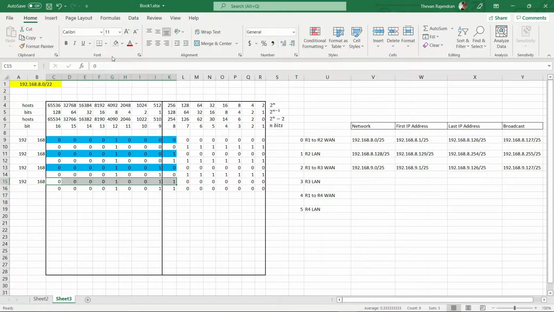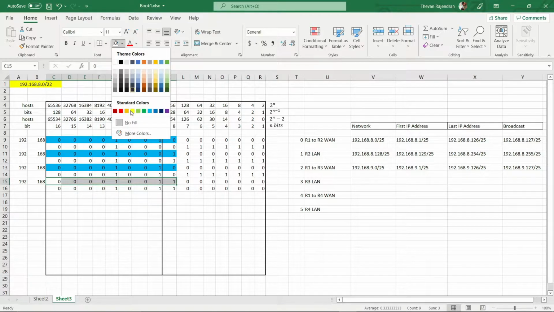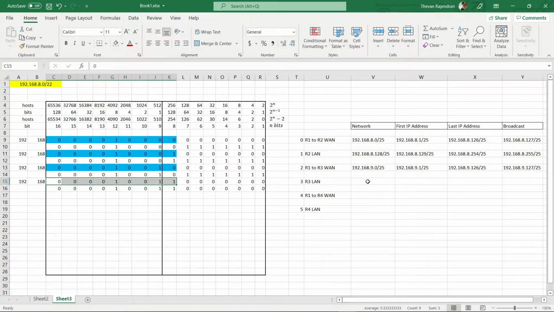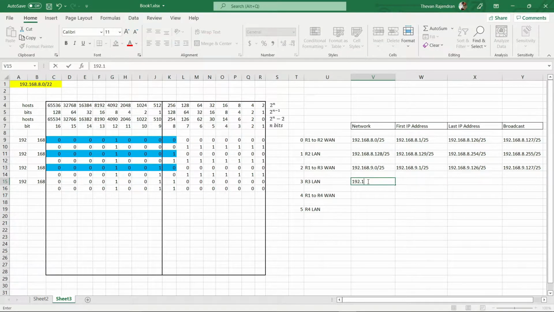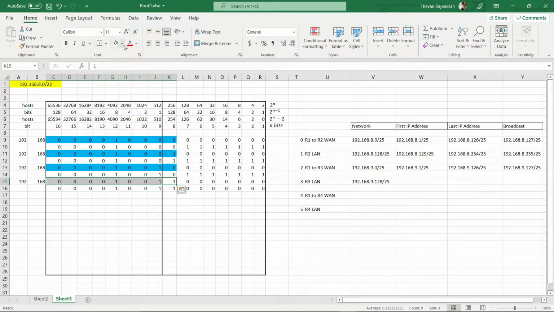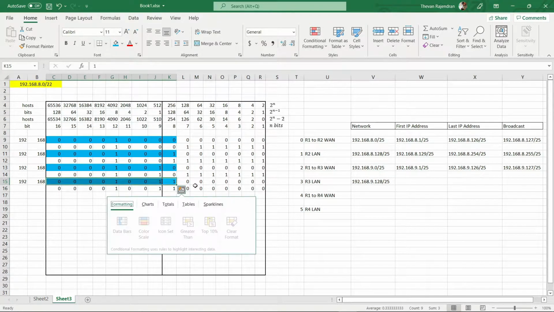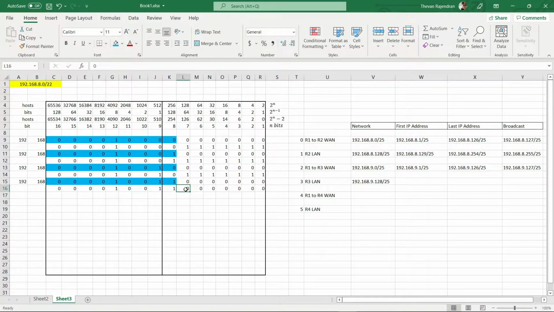So the same one will be highlighted. 192.168.9.128/25. We got the 128 from here. And for the broadcast, I will be adding the 1 after all the highlighted numbers.